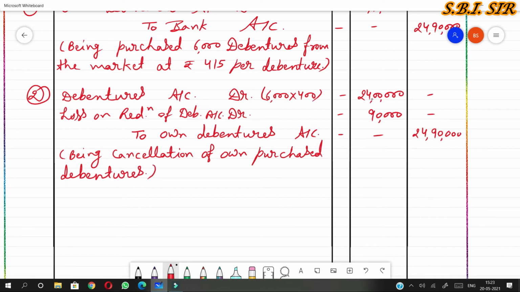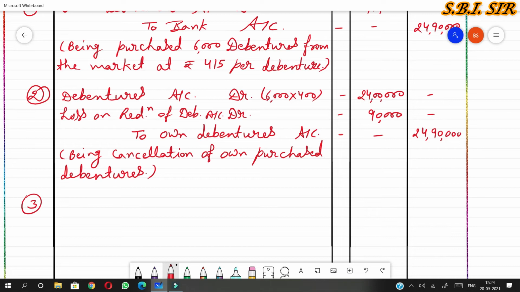Then students, in the last entry we will transfer loss on redemption of debenture account to statement of P&L account. So here loss on redemption of debenture account is debit, and when we transfer it to statement of P&L account, then it will be credited.